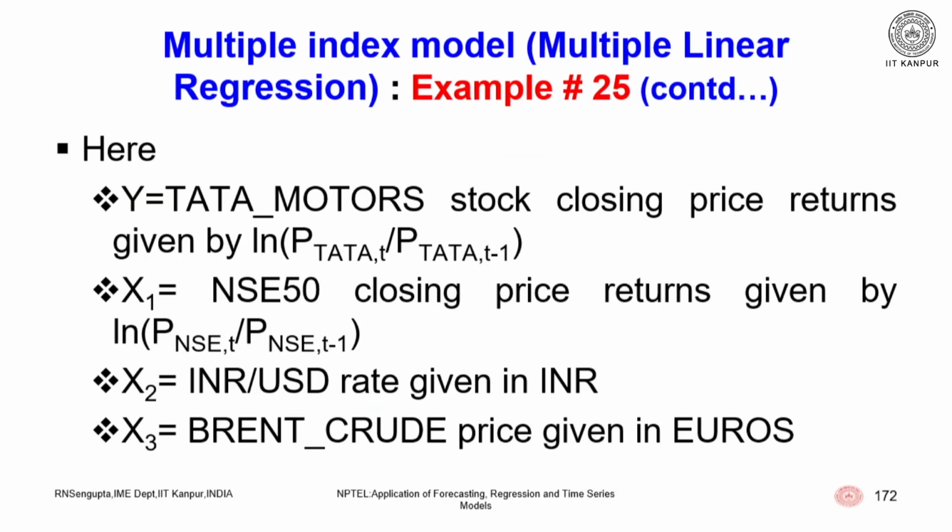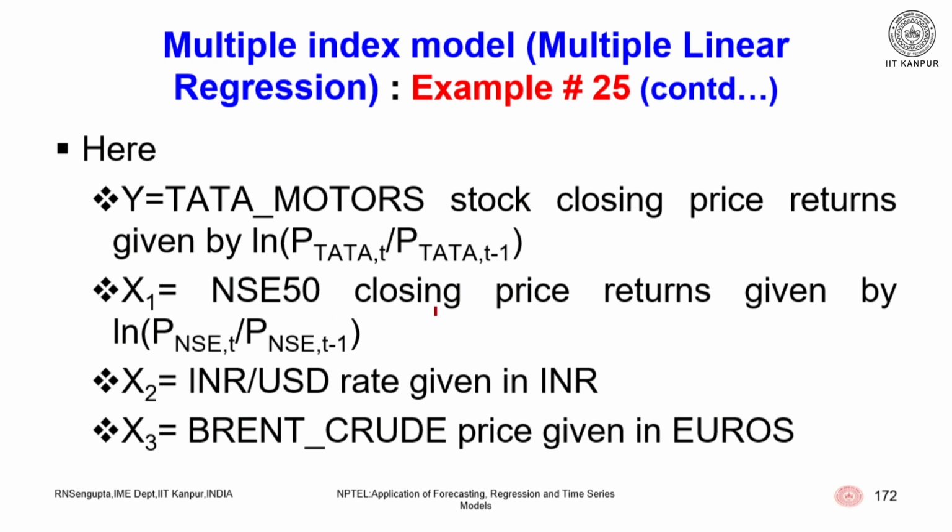What are the values of y? What are x1, x2, x3? Here, y is the Tata Motors stock closing price returns given by ln of price of day t of Tata divided by price of day t minus 1, which is actually the formula ln of SP2 divided by SP1, which we have explained.